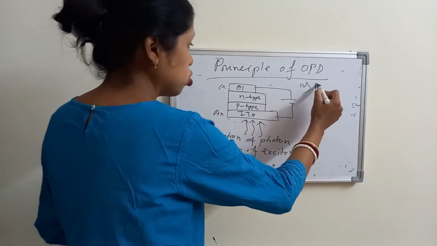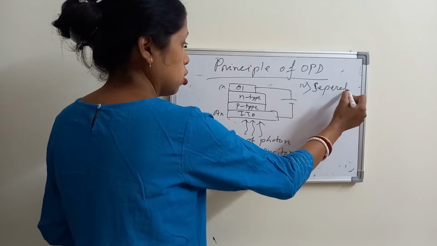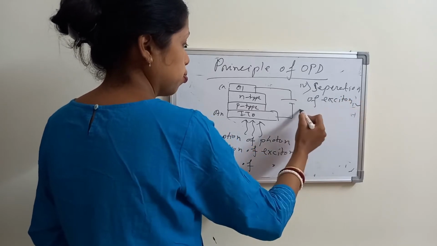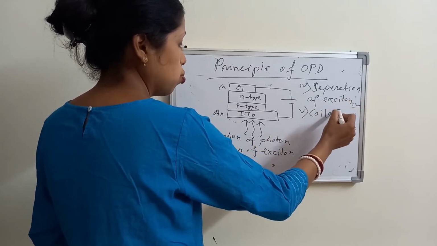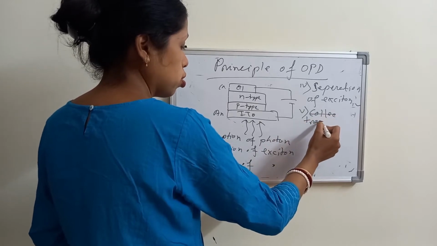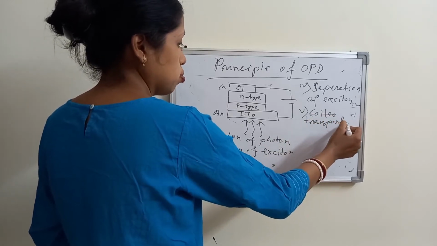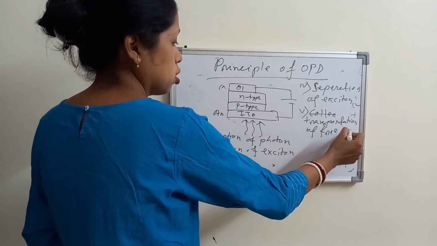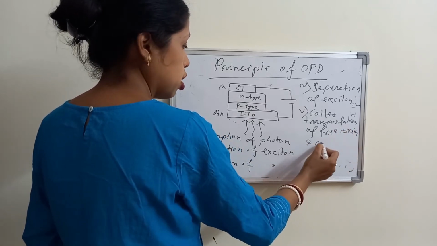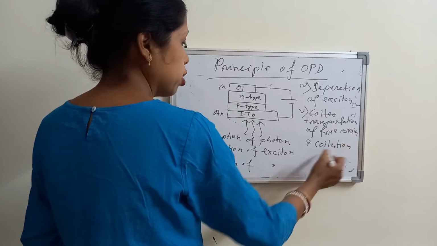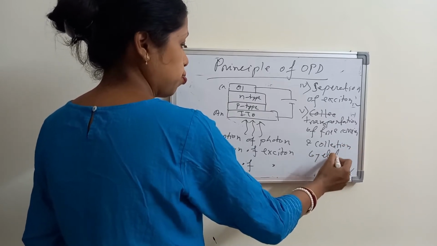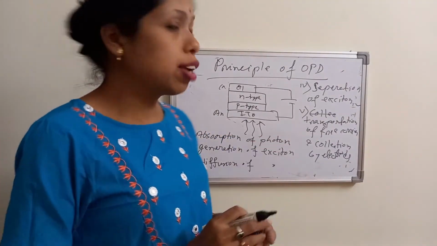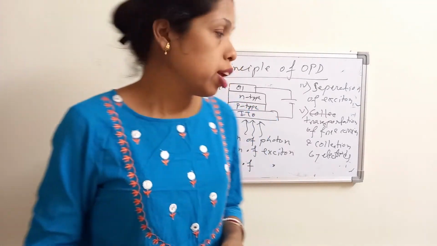Fourth is the separation of exciton, then transfer or transportation of free carriers, and collection by electrodes. These five process steps we have to follow if you want to generate a photocurrent inside the organic photodetector, right?